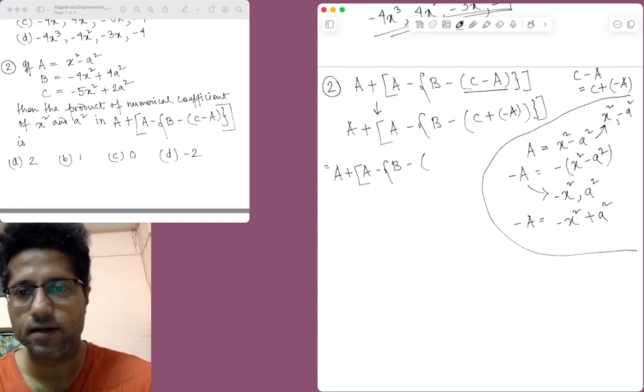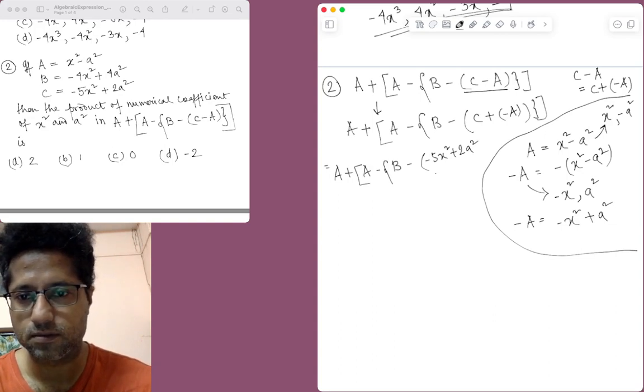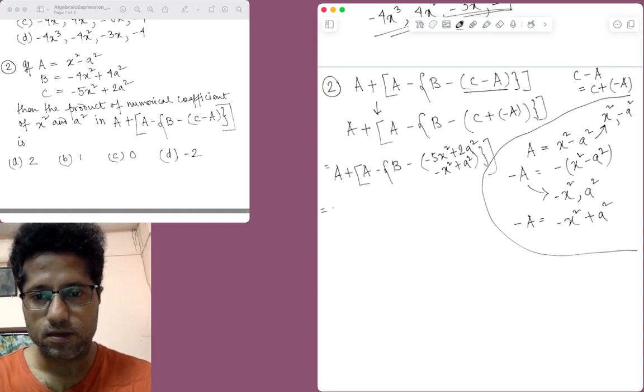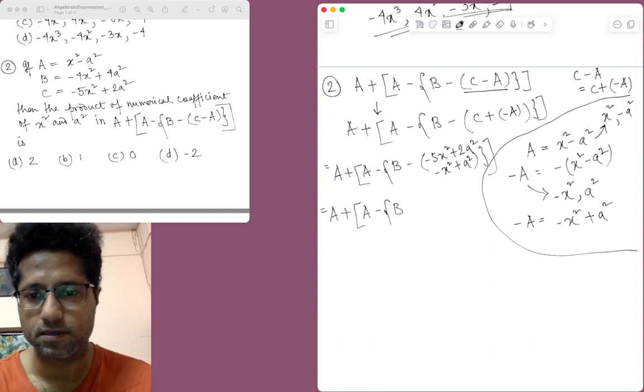Now c we know is minus 5x square plus 2a square, and minus a also we know is minus x square plus a square. Now we are still evaluating the innermost grouping, that is c minus a.